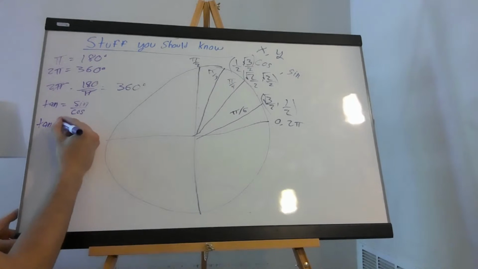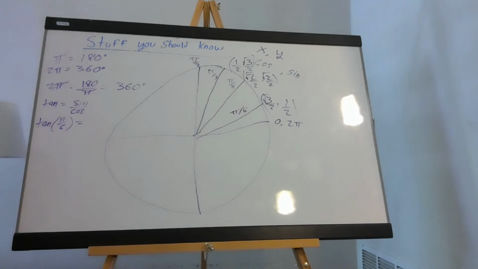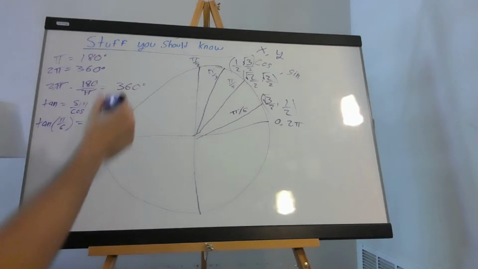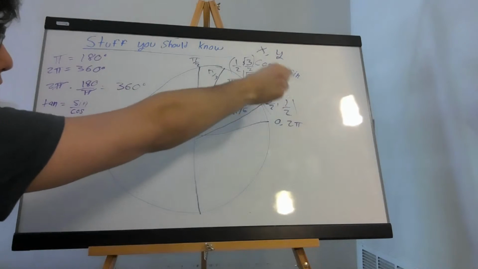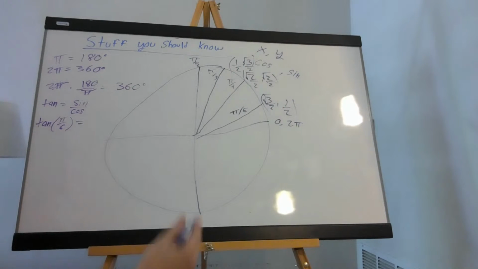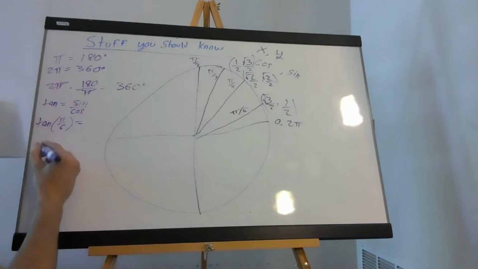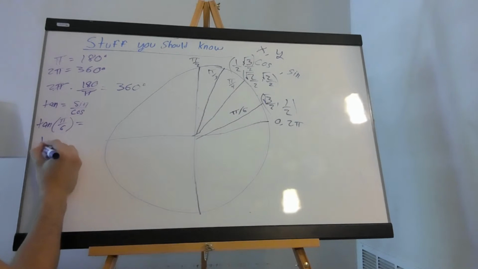So the tangent of pi over 6 equals sine over cosine, and we know that our y value is going to be our sine because s comes after c in the alphabet. So let's look at what our y value is. We've got 1/2 for our y value.